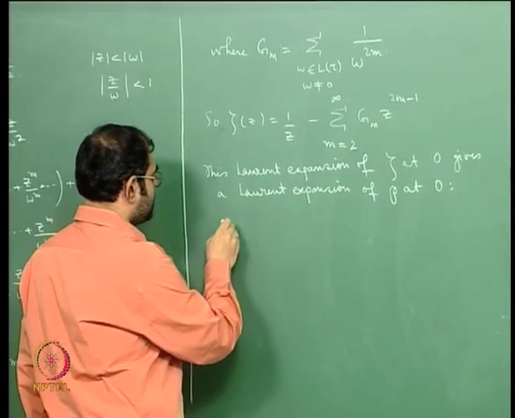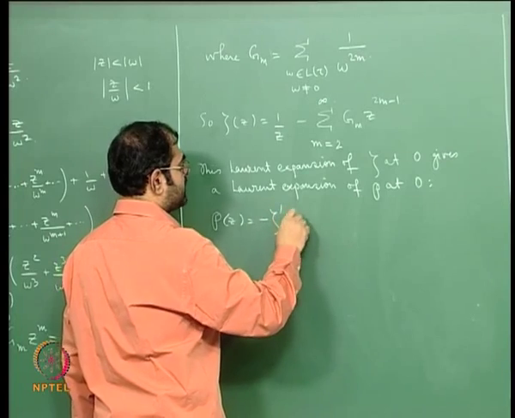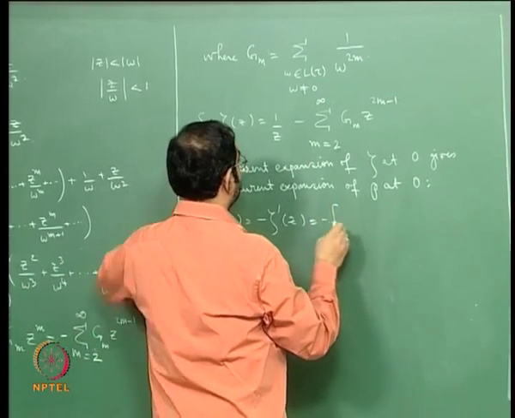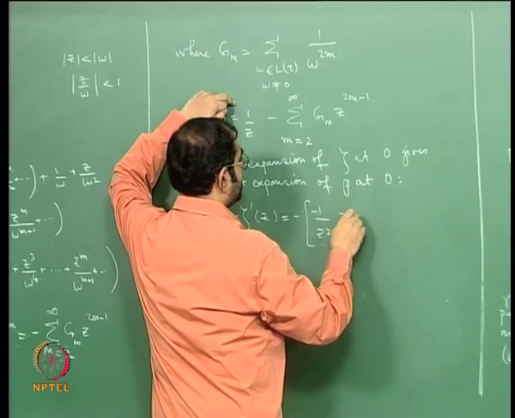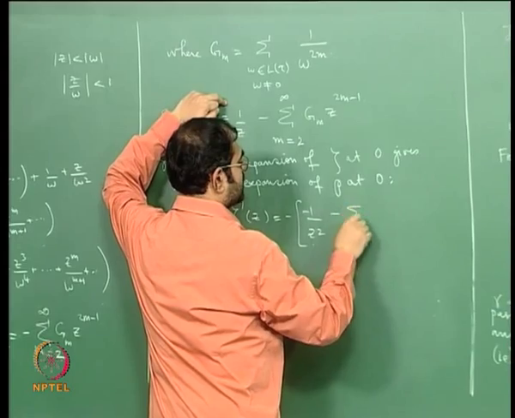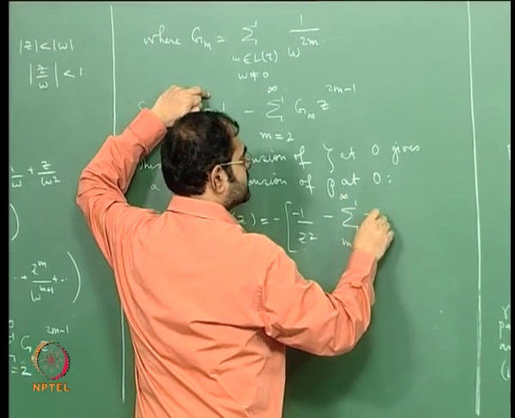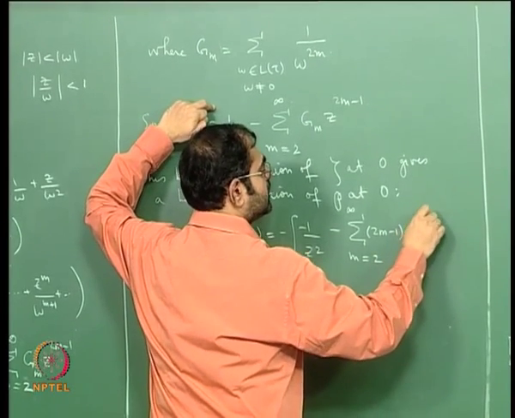So what I will get is phi of z is equal to minus zeta prime of z. So what I will get is minus of, if I differentiate it I will get minus 1 by z squared, and then I will get minus sigma m equal to 2 to infinity, I will get 2m minus 1 gm z power 2m minus 2.